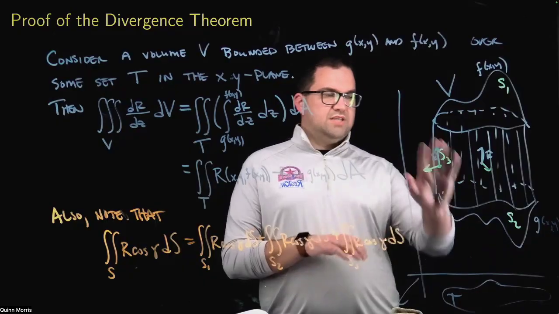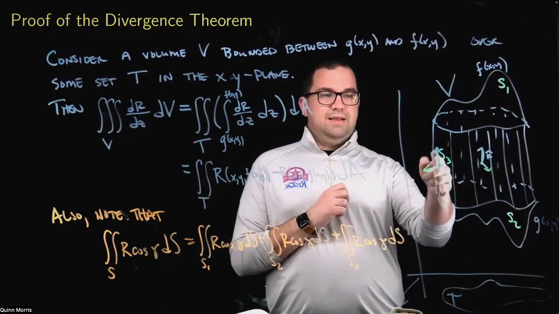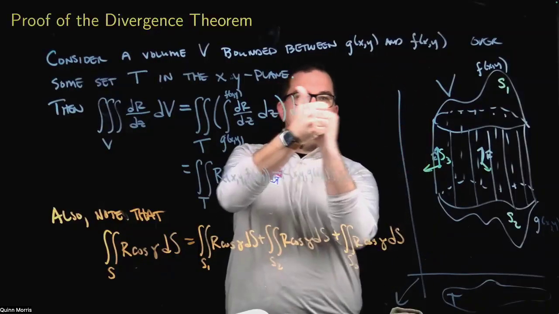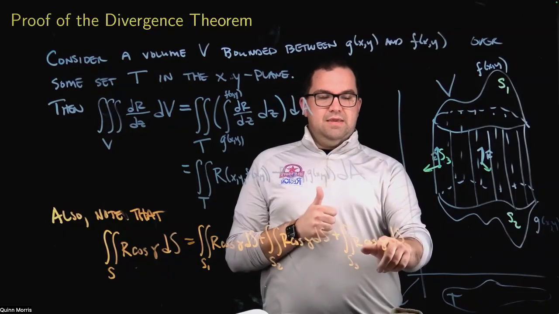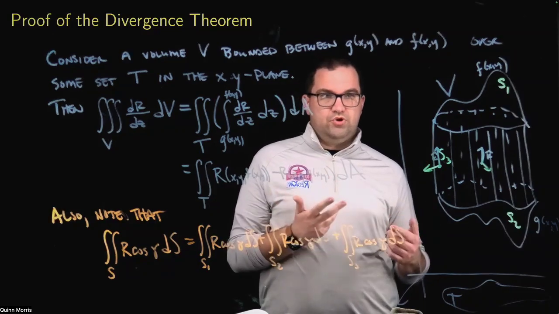On these sides, all the normal vectors are parallel to the xy plane. This k is pointing straight in the z direction. The normal might be moving around, but it's always in the xy plane, so it's always orthogonal to k. That means that gamma is always going to be 90 degrees, or pi over 2.